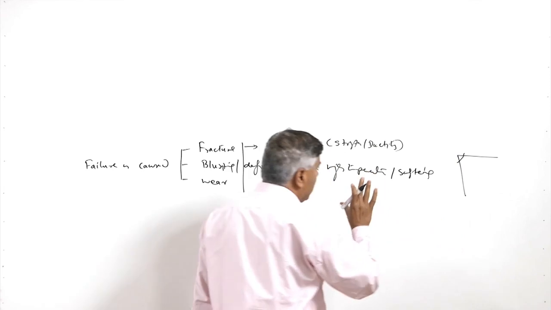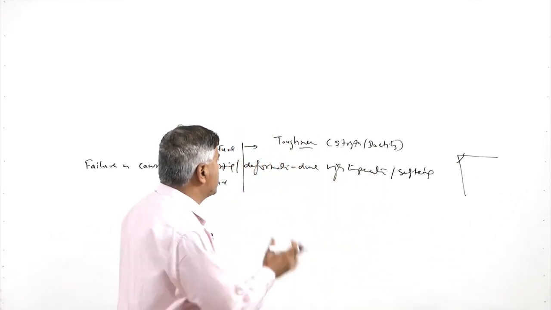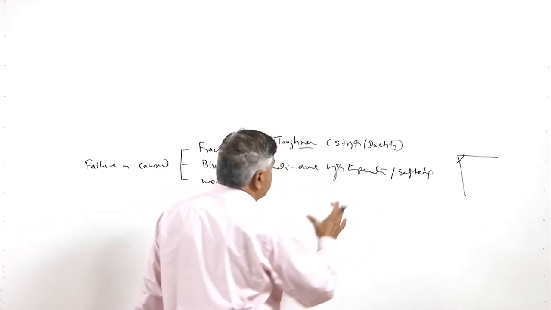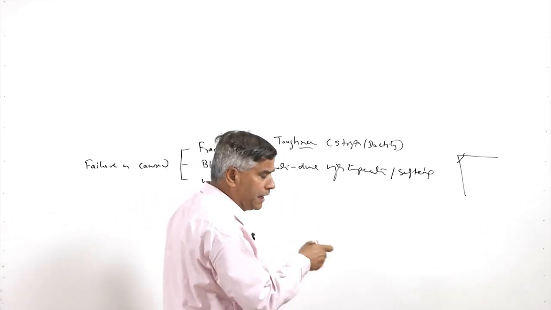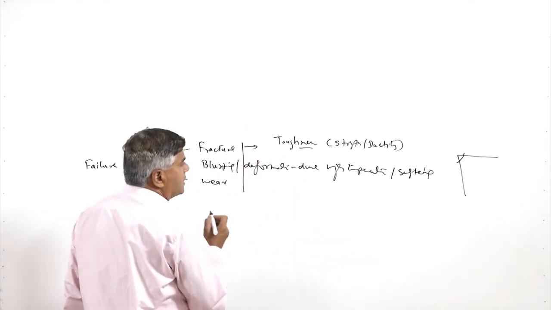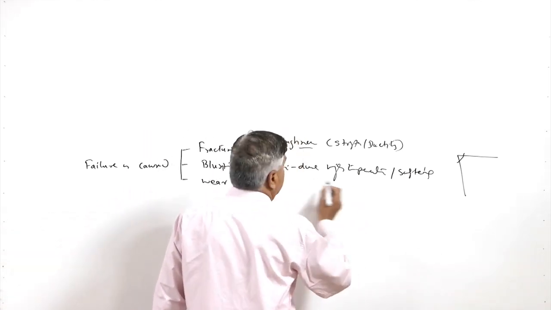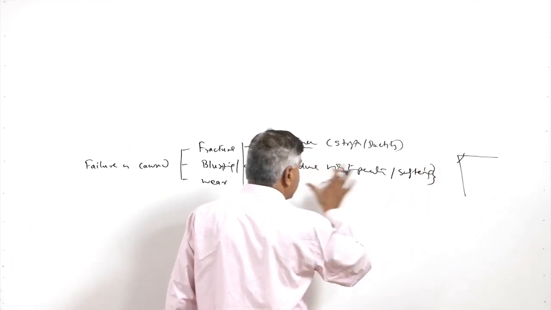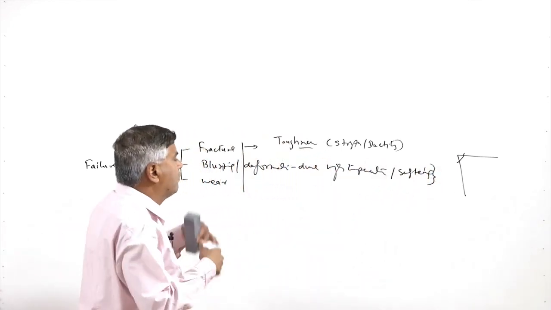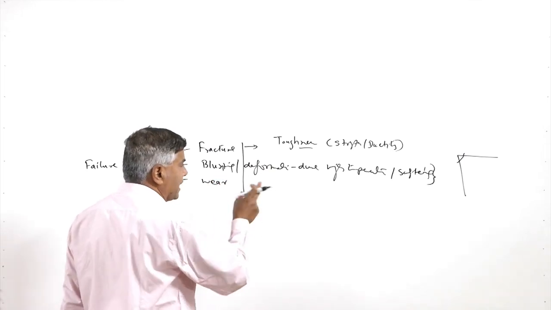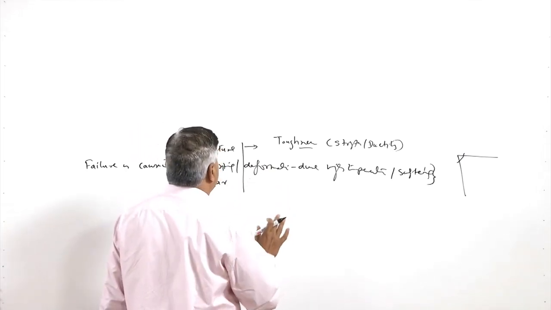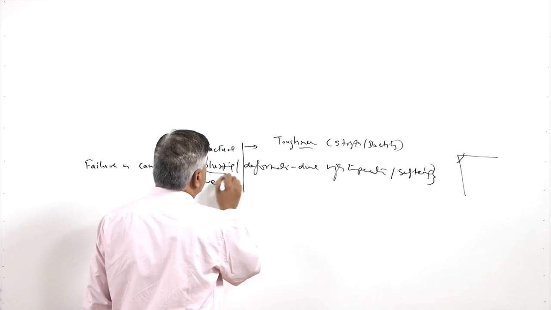If the tool material is tough, then catastrophic fracture of the cutting edge can be avoided.